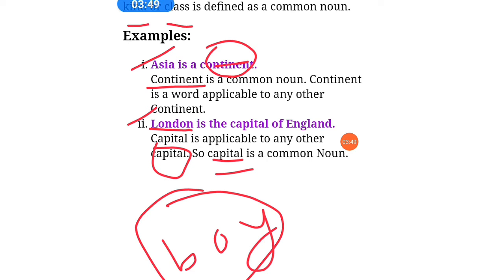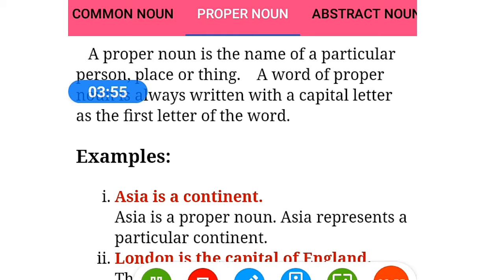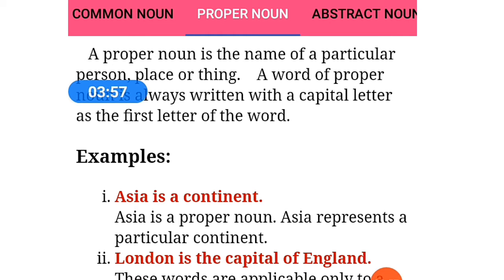Now we are going to study the proper noun. For this we have to see the definition of a proper noun. A proper noun is the name of a particular person, place or thing. It is very simple.